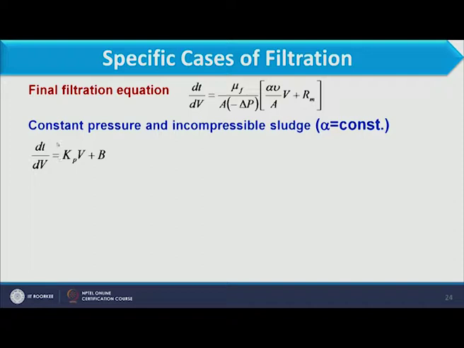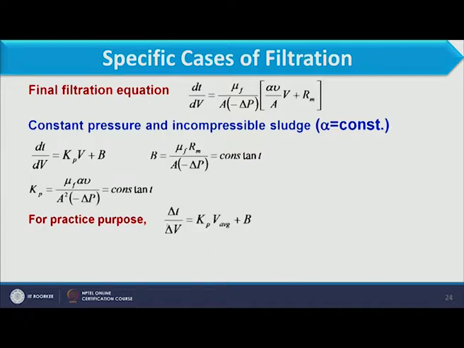Because the pressure drop is constant, all these factors except volume we can consider constant, and the whole filtration expression will be denoted as dt by dV equal to Kp V plus B. Here B will be a constant and Kp should be a constant, and you see B considers the value of Rm, and Kp considers the value of alpha.